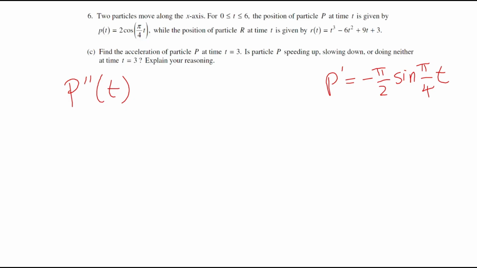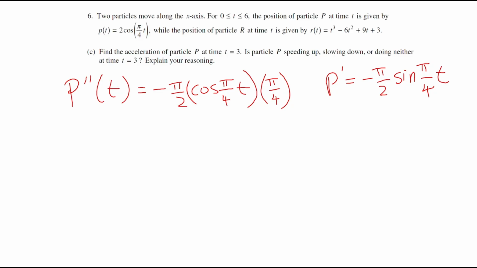If I take the derivative of that, I'm still going to have this negative pi over 2 out in front. And then the derivative of sine is cosine, so cosine of pi over 4 t. But then we also have to multiply by the derivative of pi over 4 t, which is pi over 4.